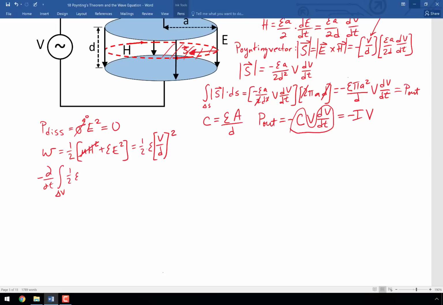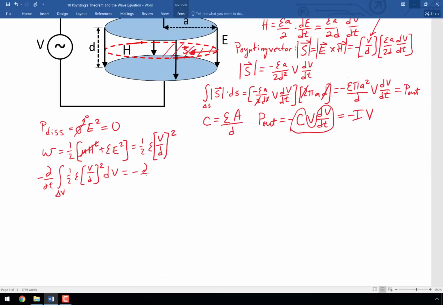So it's 1/2 E squared, and E is V over D. So it's 1/2 epsilon V over D squared, and that's dV. Now, we've got two different V's going on here, so I'm going to have to be careful about that. This V represents voltage, and this V represents volume, but very quickly here, the volume V is going to go away, so we'll be okay.